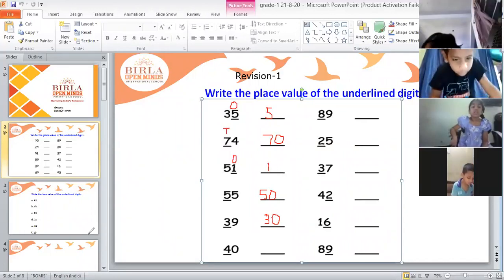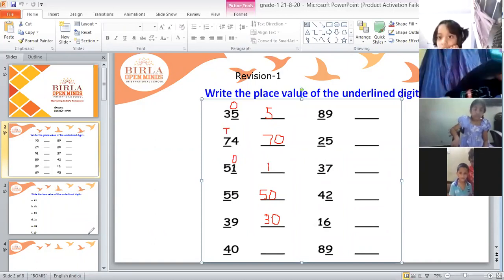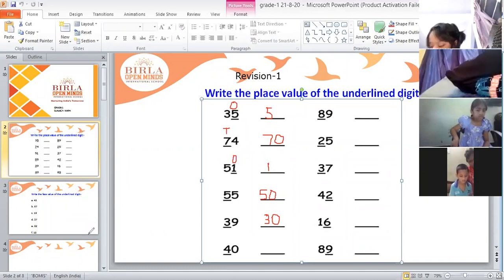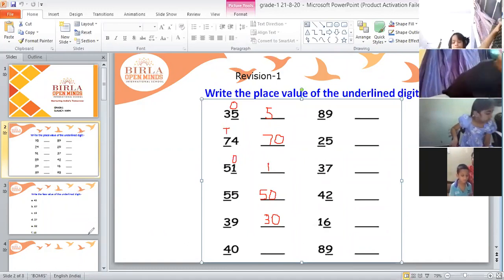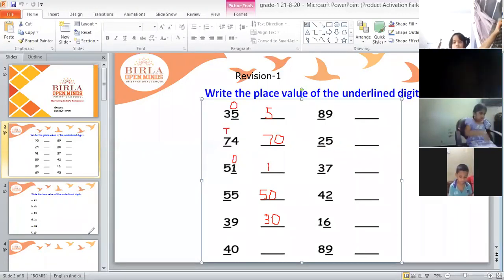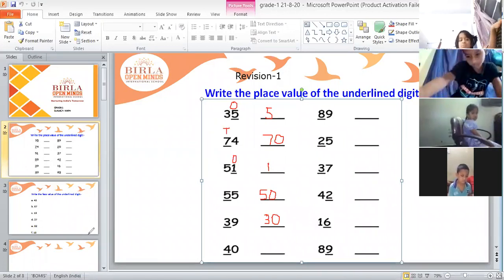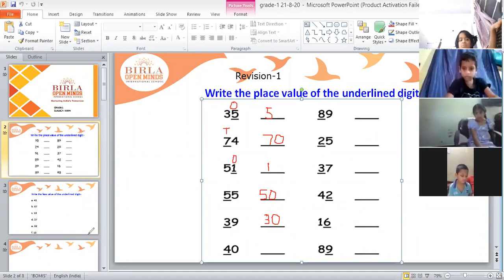Veda, tell me the answer for the next one. Veda, what is the place value of 4 here? The answer is 4. Very good, Veda. Good girl.